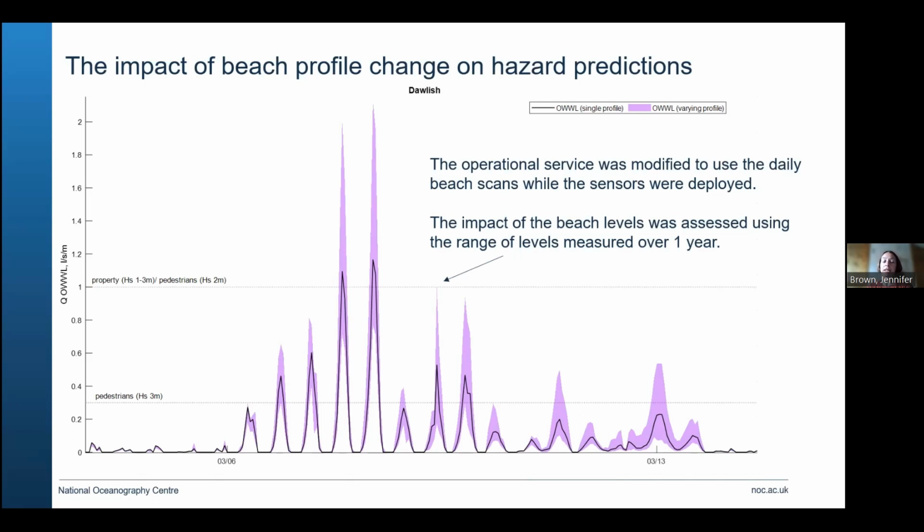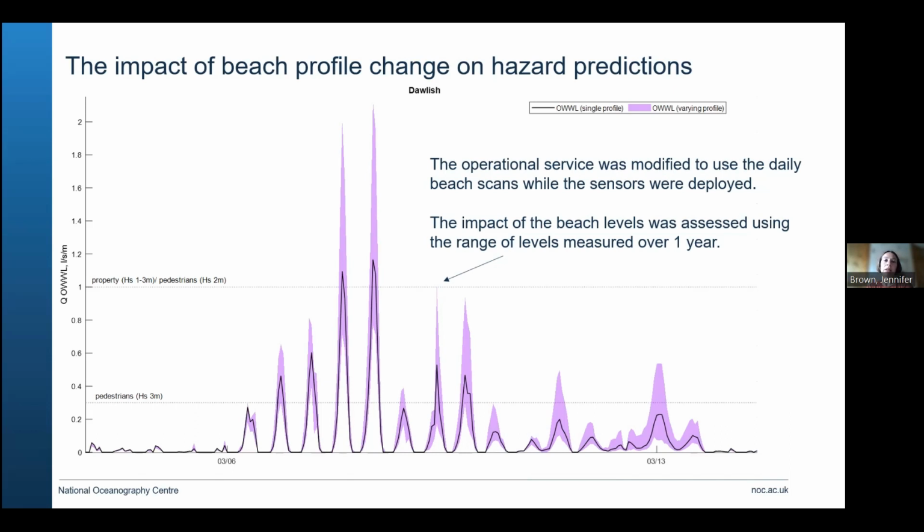The purple shading is then all of the overtopping predictions that would have been made if we used a number of the beach levels from the line that the B-scan system collected. So this is the full range of beach level change that we saw during our deployment. So we can see that the overtopping can increase by up to a factor of 2 in some cases, just because the beach level has changed.